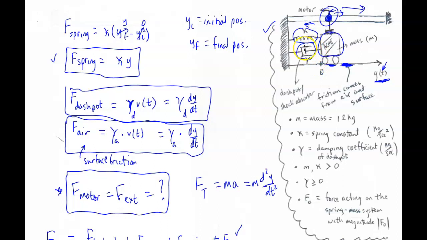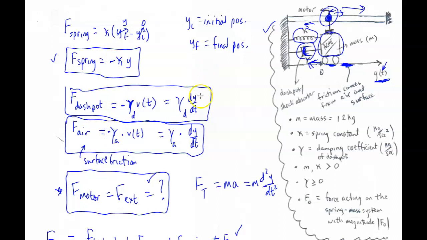The fluid or material inside the dash pot, if we pull the mass away, is going to work against it, fighting back with a force in the opposite direction as well. So if our external force acts in one direction, then the forces of our spring, dash pot, and air are going to act in the opposite direction. So here I'm going to put negatives here, and negatives here.